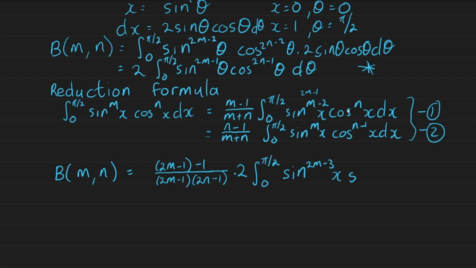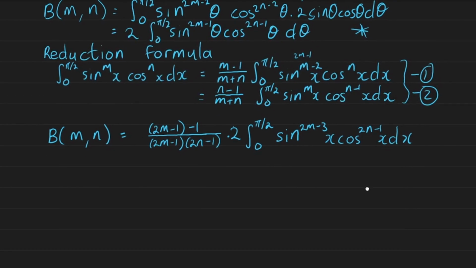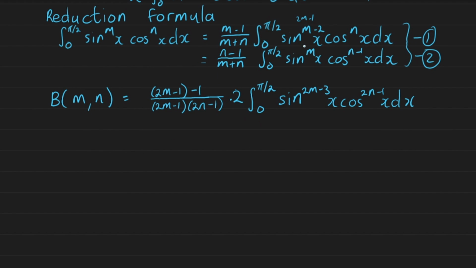And instead of cos^n, we have cos^(2n minus 1) x dx. So that is how we have just converted this beta function using this formula.